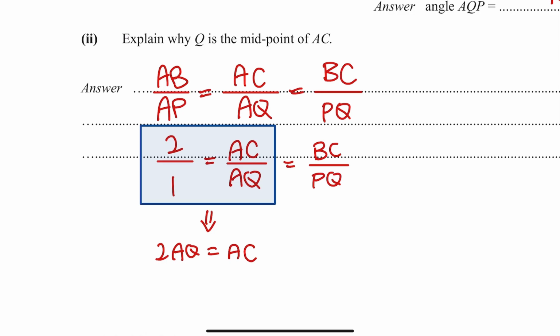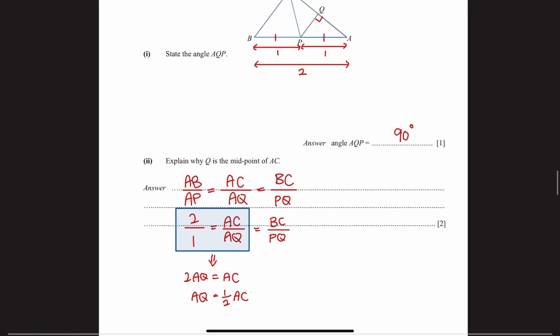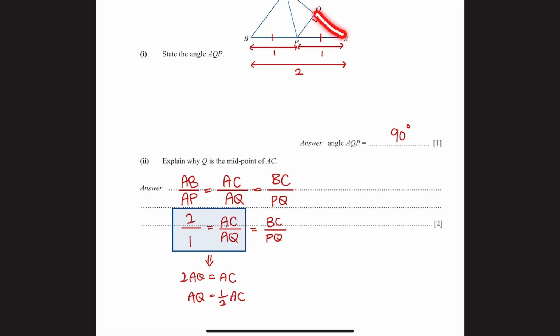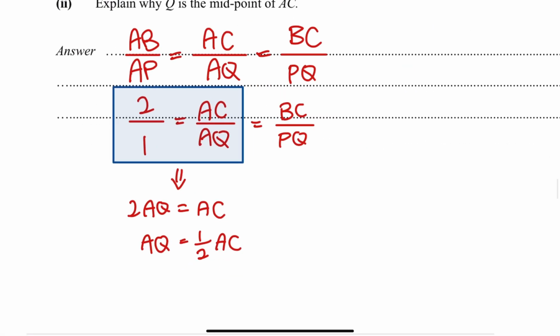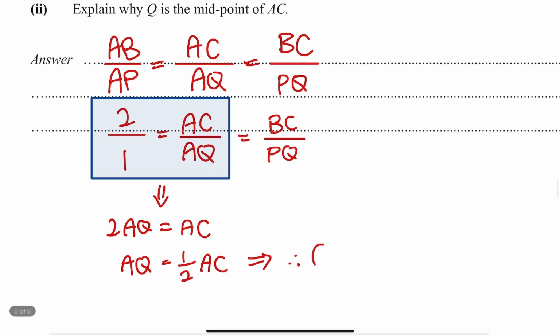So this means that 2AQ is equal to AC. I divide both sides by 2, AQ is equal to half of AC. So I look at the diagram again. The length of AQ is half the length of AC. Therefore, this very clearly tells me that Q is the midpoint of AC.